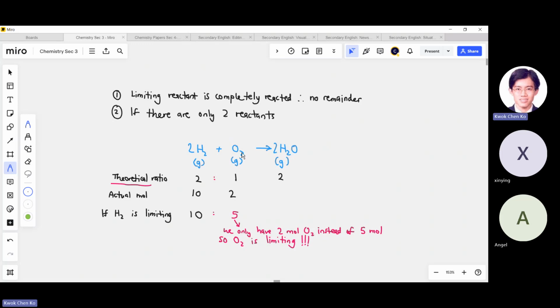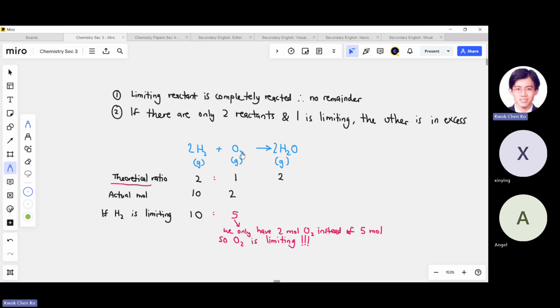If there are only 2 reactants and 1 is limiting, the other is in excess. Take note of this word, in excess, you're going to see it very often. In excess.